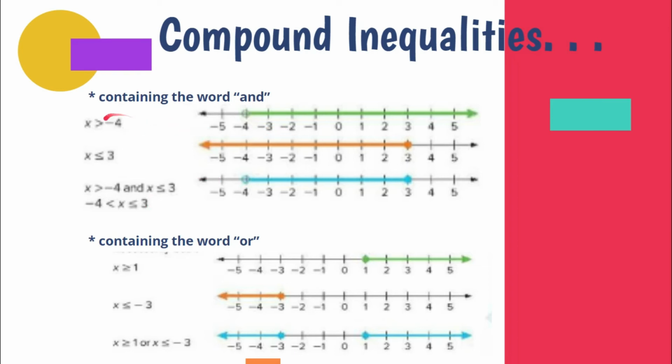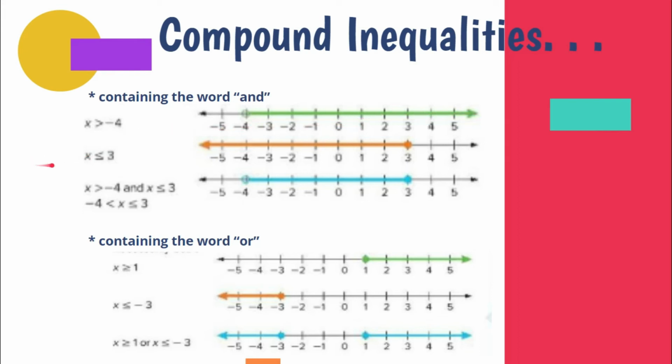The first number line represents one of the expressions, so x greater than -4. We use an open dot to show that -4 is not part of the solution, and the arrow points right to show that the answer set includes all the real numbers greater than -4.